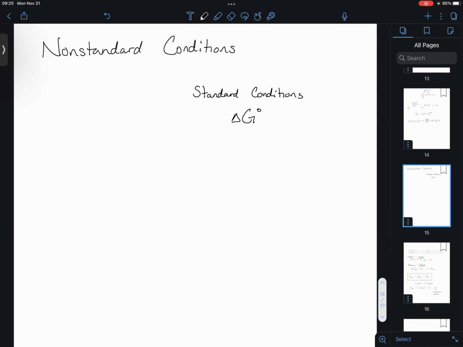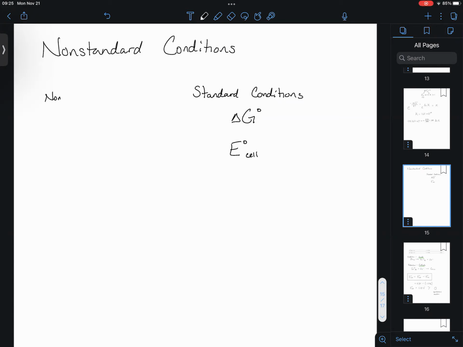That would be standard conditions, right? Those very stringent set of conditions, 298 K, 1 molar solutions, and 1 ATM for all gases. And that's the same for our E naught of our cell. So that's a battery run under those very specific set of conditions.